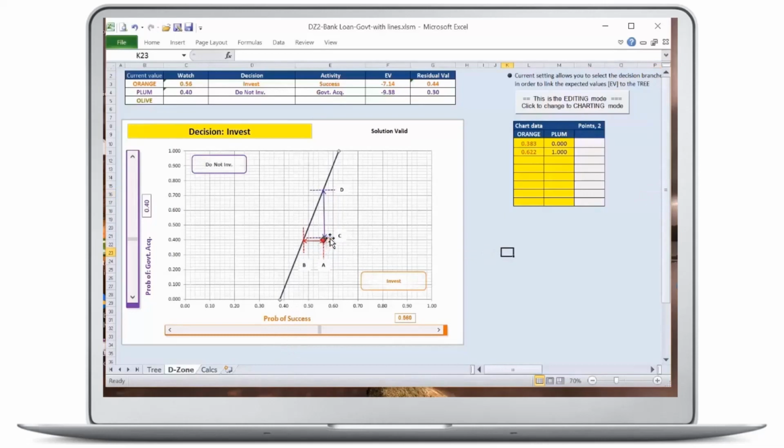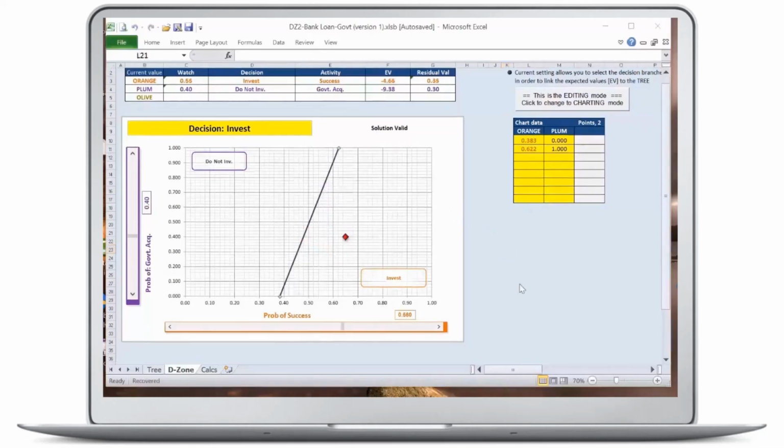Likewise, when the probability of government acquisition goes from C to D, until that probability hits about 74%, we should continue to invest. This D-zone map also provides a very important piece of information. Note that at the 65% probability of success, the diamond pointer does not intersect the demarcation line.